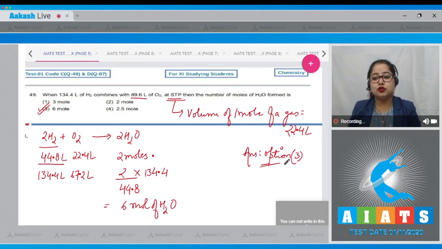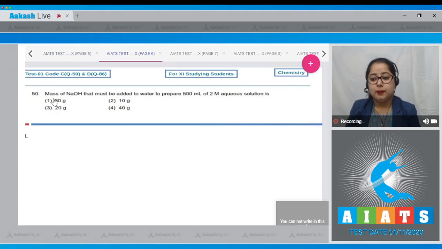Moving to next question, students, which is question number 50. Let's read the question. Mass of NaOH that must be added to water to prepare 500 ml of 2 molar aqueous solution is. So student, for this question, first of all, we need to know the formula to calculate molarity.